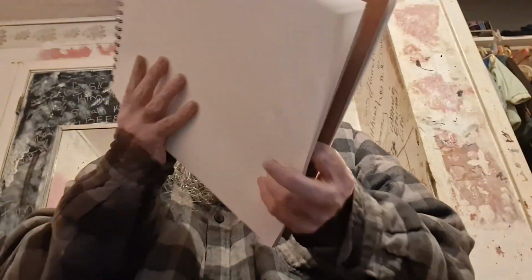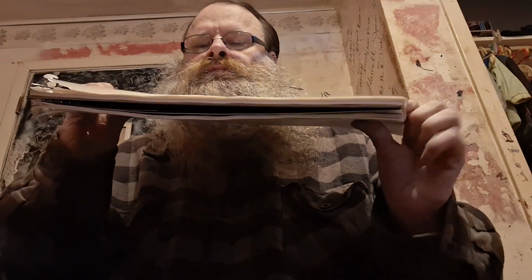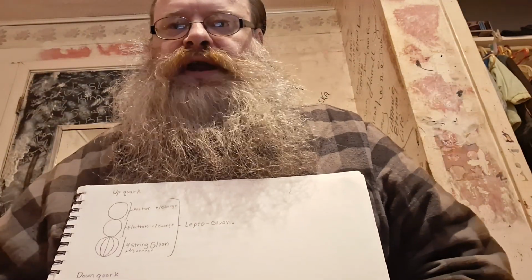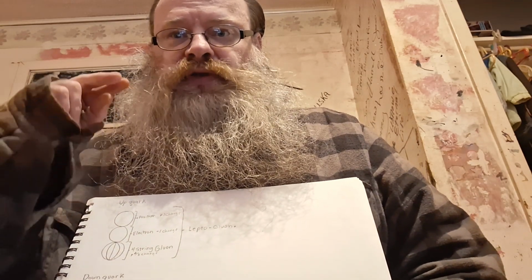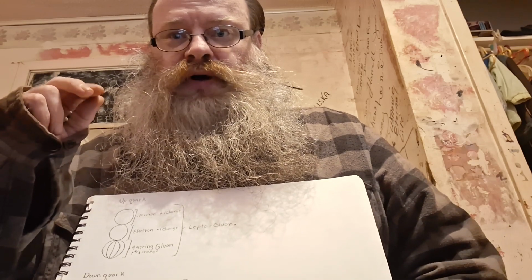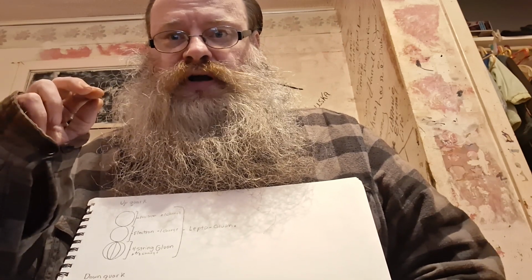This is what quarks look like. Okay, when the 8-string gluon beta decays, it deposits 2 of its strings on the polar region of the gluon, a positron and an electron.